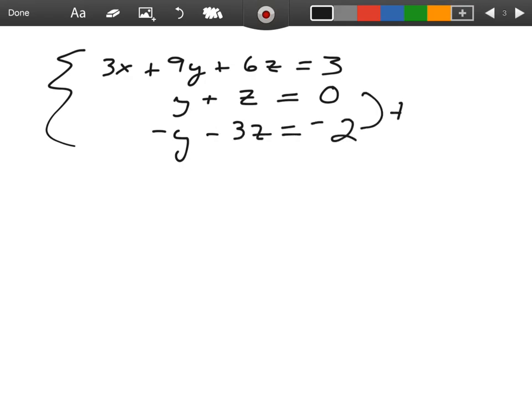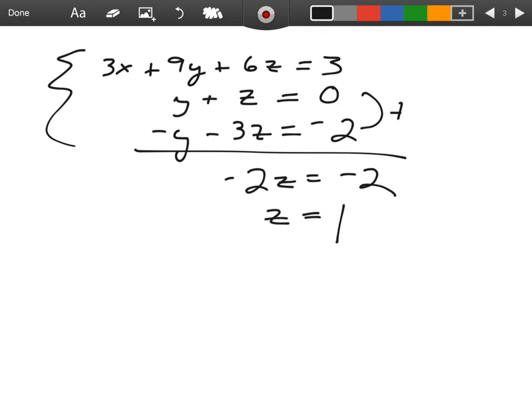Since the y's are already opposites, I can add those together, and that gives me negative 2z equals negative 2, which tells me z equals 1. Then I can substitute into the second equation: y plus 1 equals 0, so y equals negative 1.